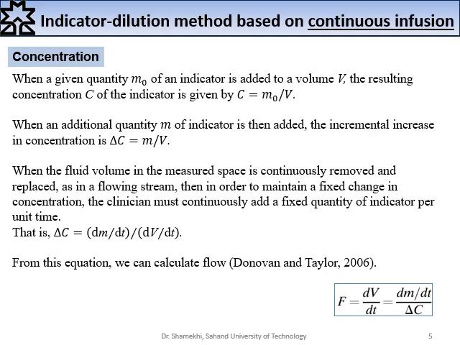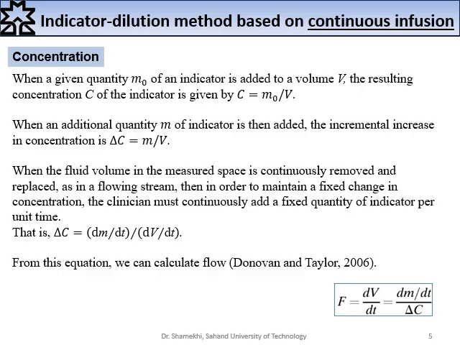Let us talk about the basic principle of the indicator dilution method based on continuous infusion. It is all about the concentration of an indicator. We will use an indicator to find the flow of the blood.